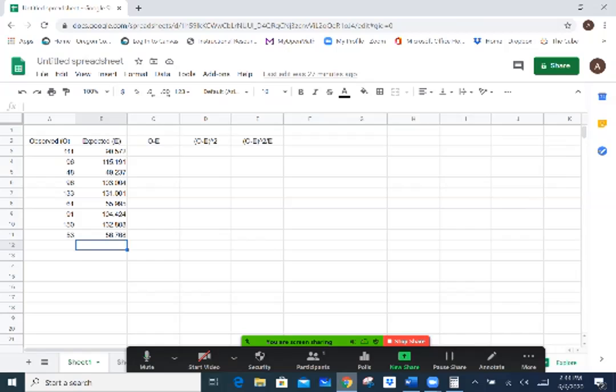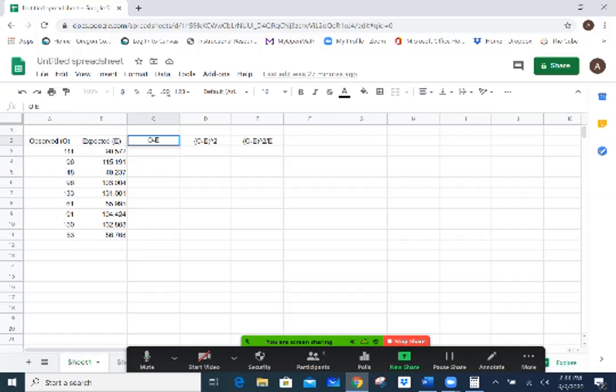But I'm going to go ahead and calculate all of these. So to do this, I'm going to hit the cell right below this. So I'm following the formula. I'm doing observed minus expected. So I'm going to put equals, and then the observed happens to be over here in this entry A3.